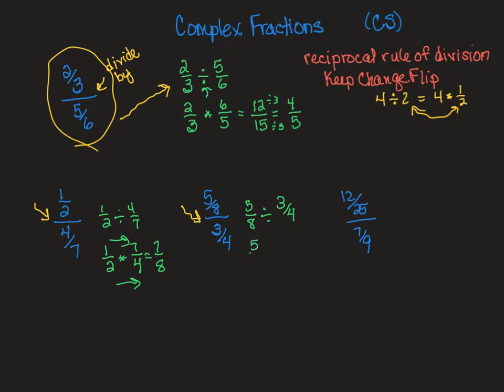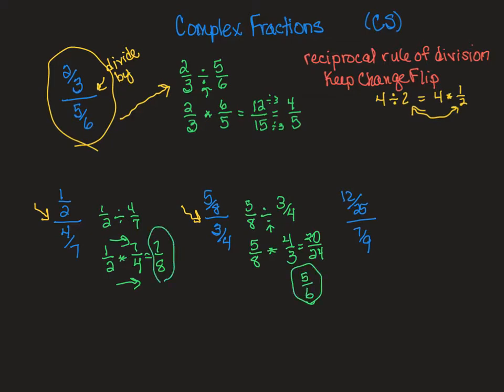And I know I can't divide that, so I'm changing it to multiplication, and then I'm using the reciprocal. And the reciprocal of 3/4 is 4/3. Notice the change. 20 over 24. And if I simplify that, I could divide the top and the bottom by 4, and that would be 5/6. That would be my answer.